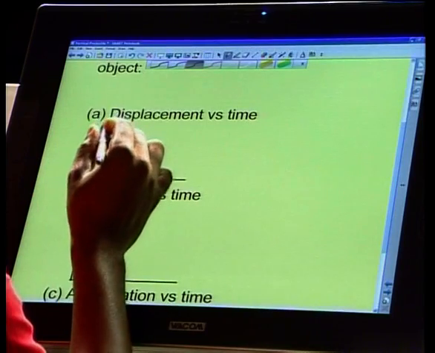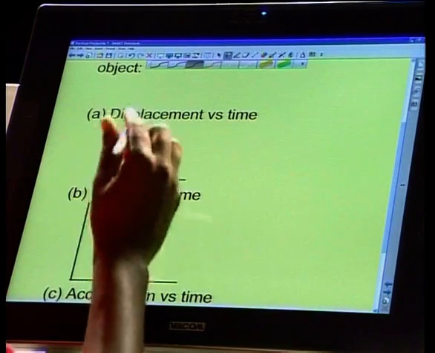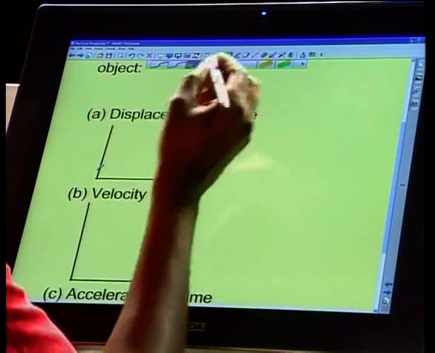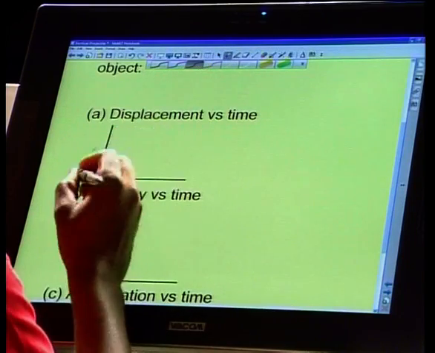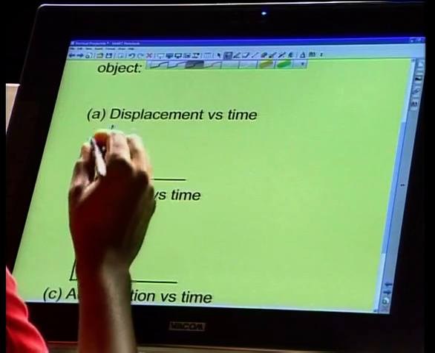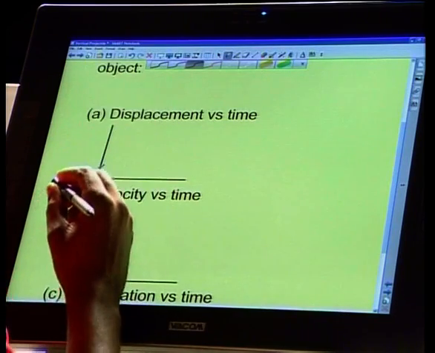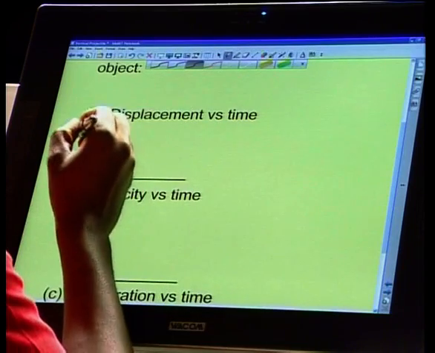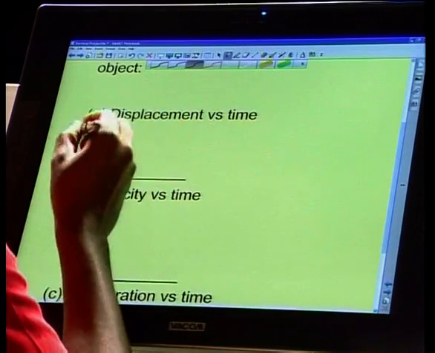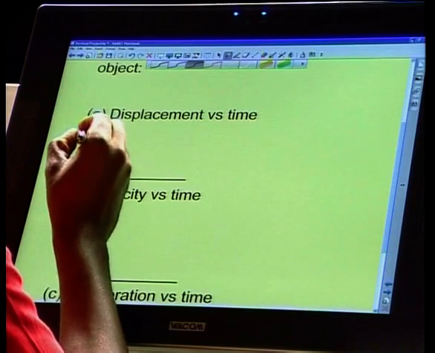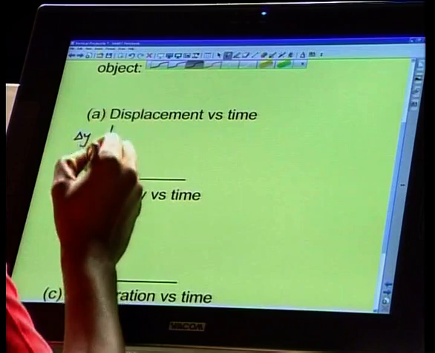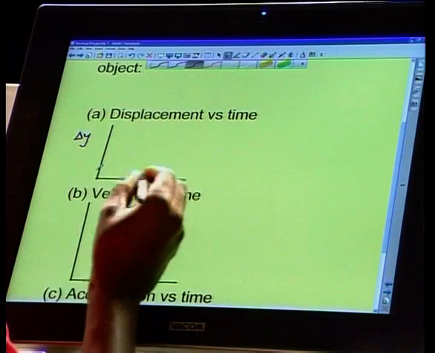Pardon me, I think my vertical axis here is a bit skewed, but it will help us understand what's happening here. We are told that the object is thrown vertically upwards. So if this is our displacement axis, this will be delta y, the displacement axis.